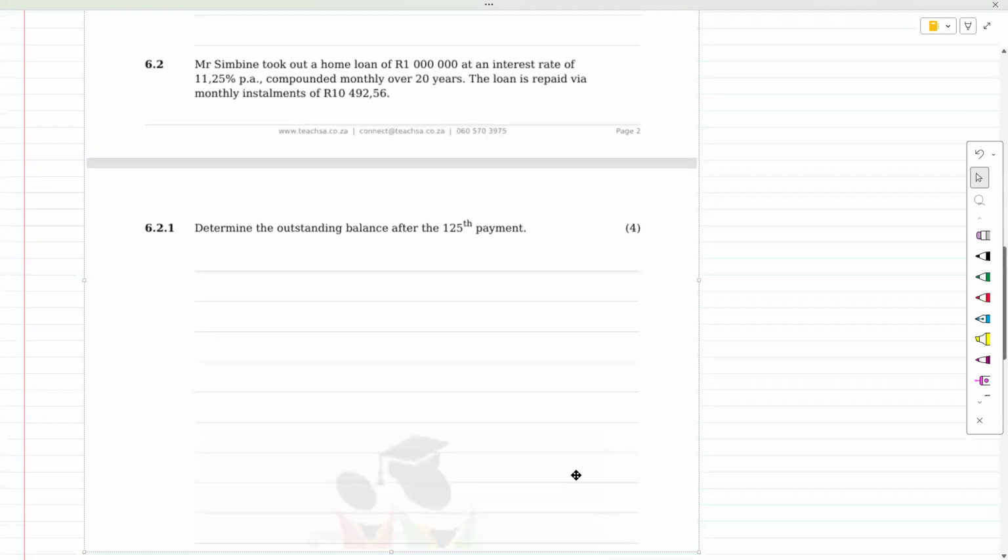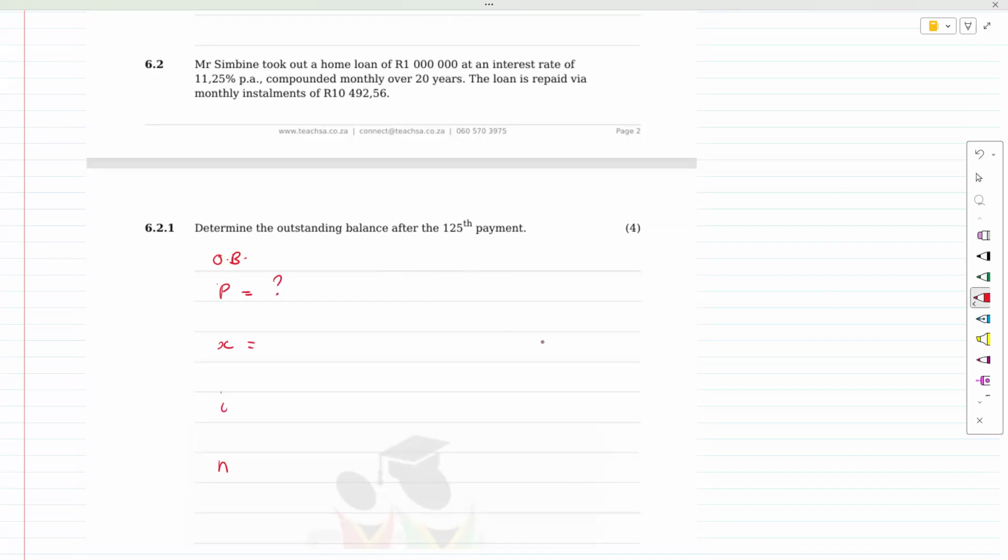Okay, cool. Let's start. So outstanding balance can be done in a very simple way. We can go and complicate it, or we can do it in a simple way, but let's start with the simple way. That's P, that's X, that's i, that's n. We know the P value is something we're calculating. That's the outstanding balance.